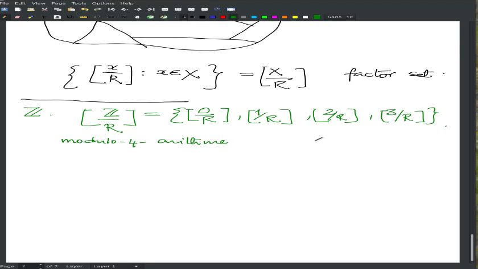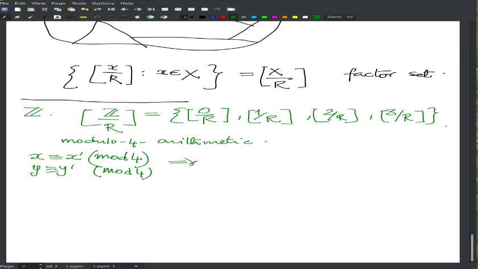Have you seen this? x equals y mod 4, x prime is equal to y prime mod 4, so therefore x plus x prime is equal to y plus y prime mod 4, and so on and so forth. And this modulo 4, things like this, we often write it like this: x is x prime mod 4, y is y prime mod 4.